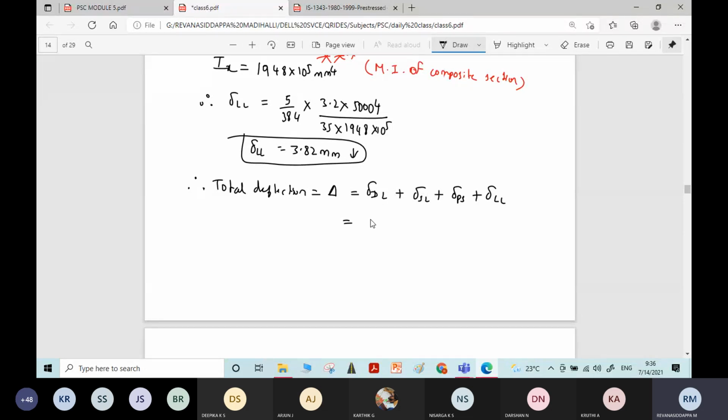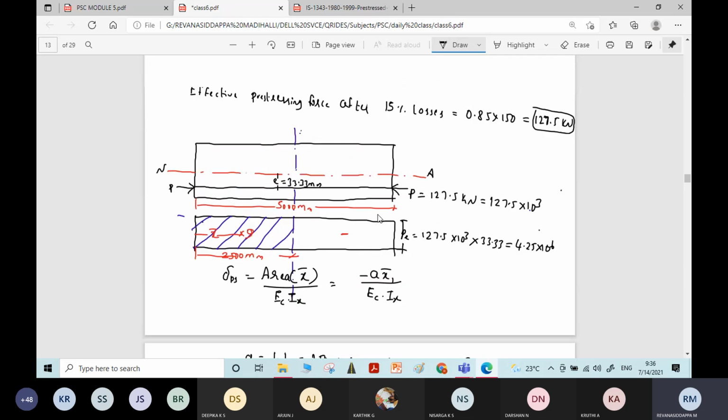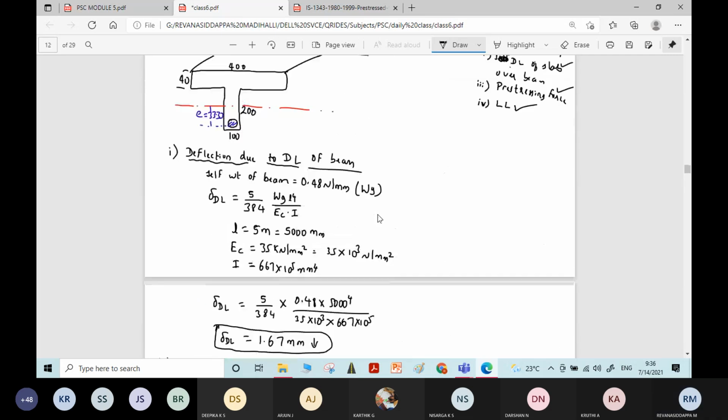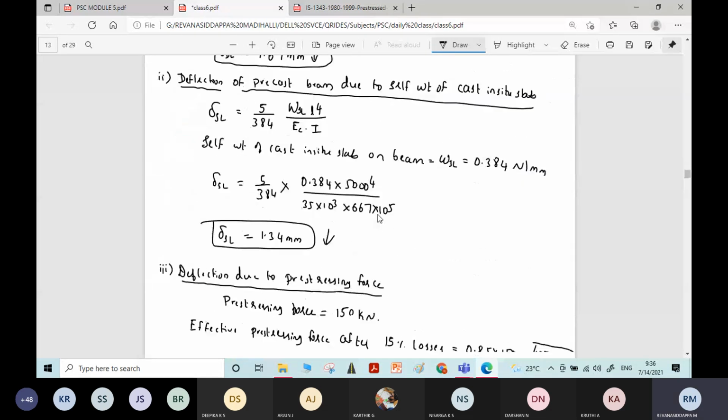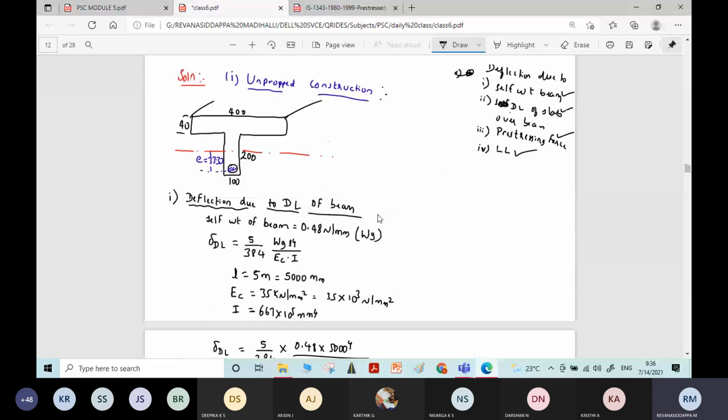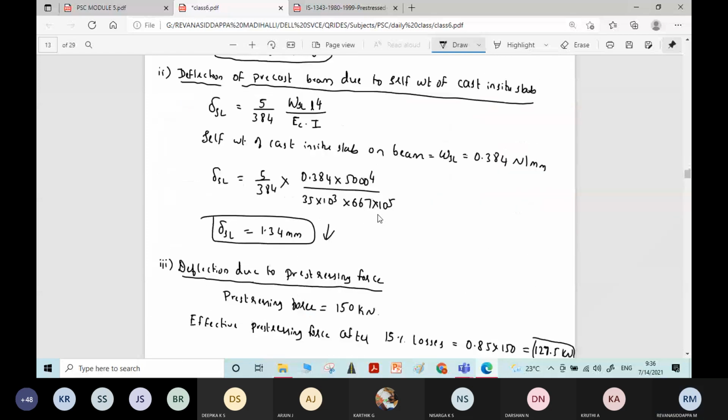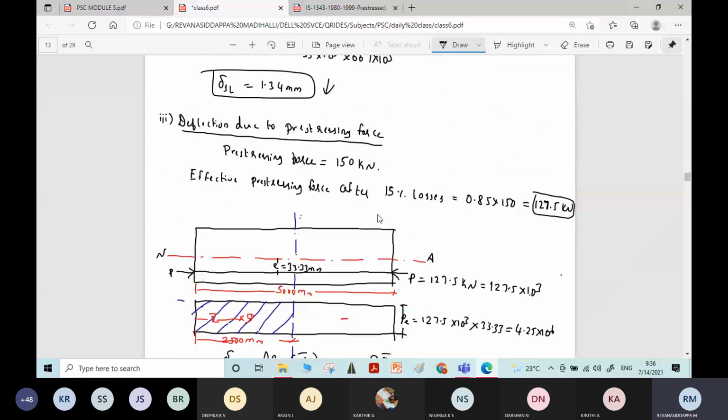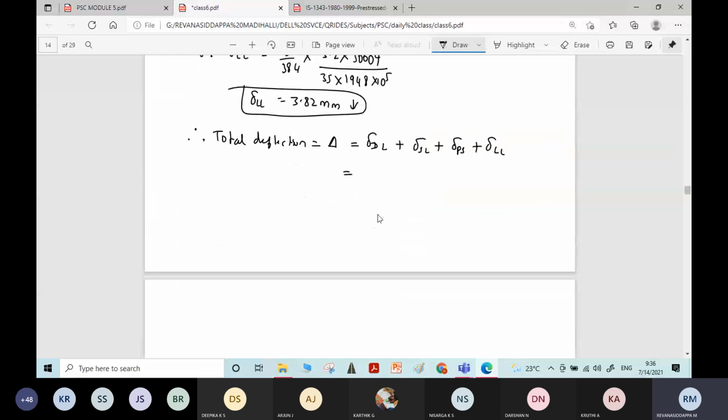Substitute everything: dead load 1.67, then 1.34, 5.67. 1.67 plus 1.34, deflection due to pre-stress is minus 5.67, plus live load 3.82.